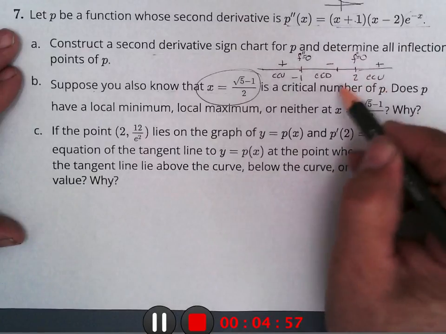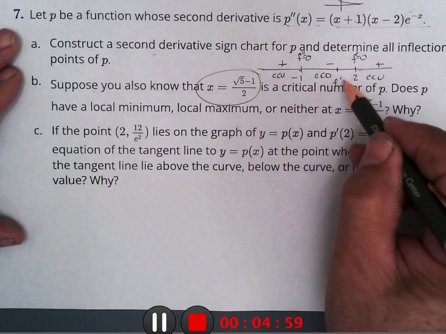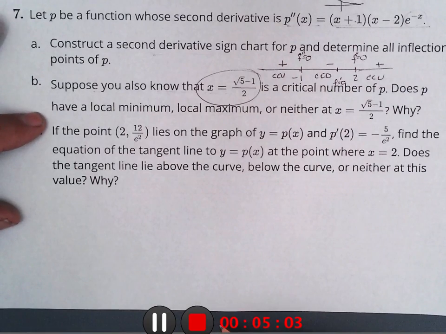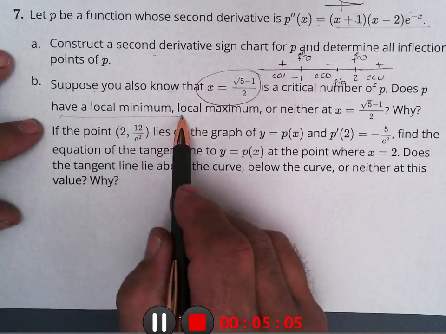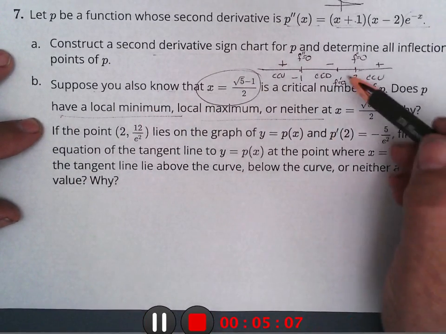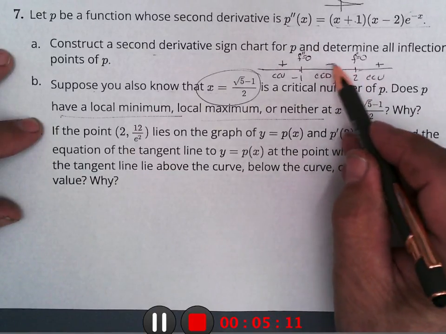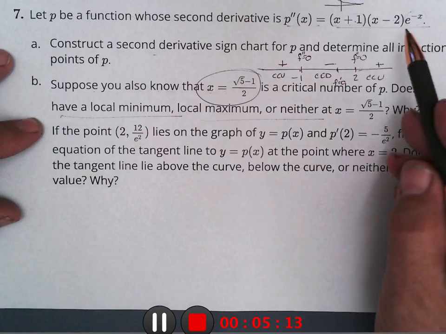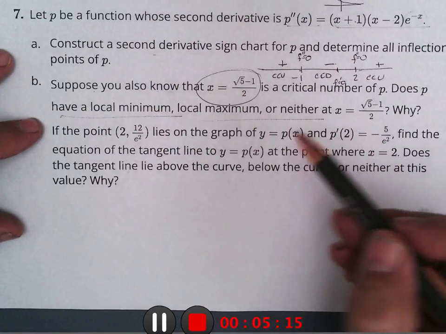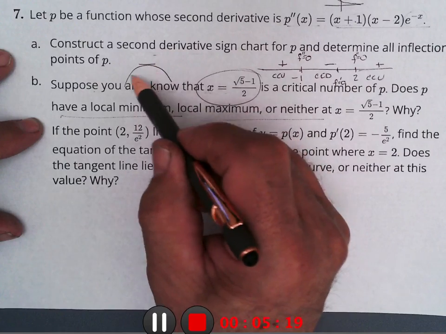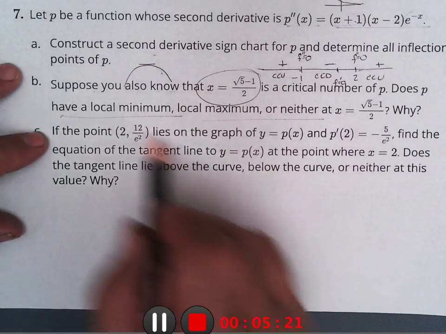F prime equals 0. Will we have a local max or min? Well, let's see. The slope is 0 and the concavity is negative. So it's concave down and the slope is 0. So that means it's a local maximum.